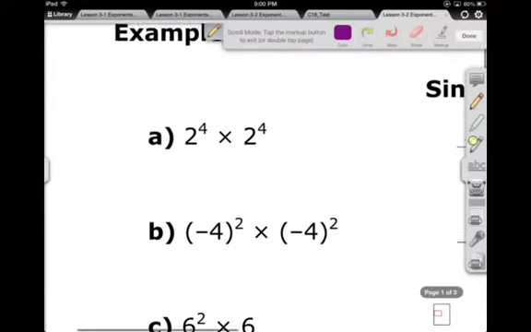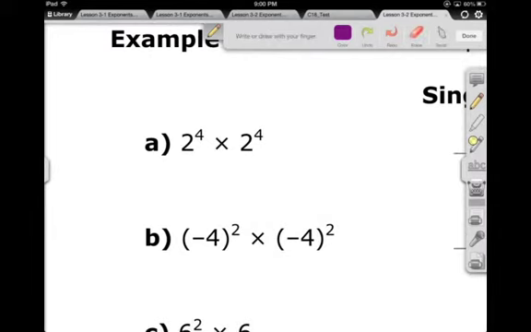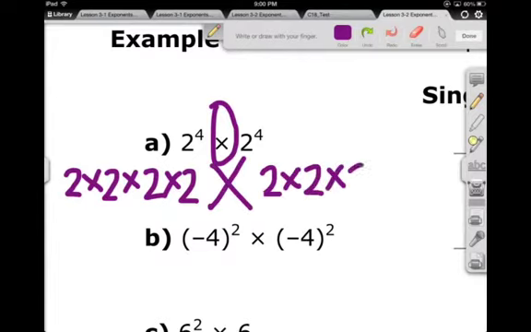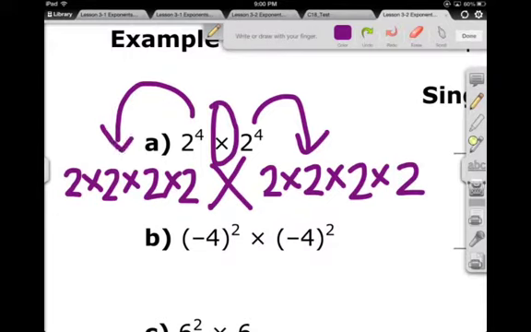This is like 2 times 2 times 2 times 2, and let's represent this with a really big multiply. 2 times 2 times 2 times 2. Okay, so there's our 2 to the fourth, and there's our 2 to the fourth.